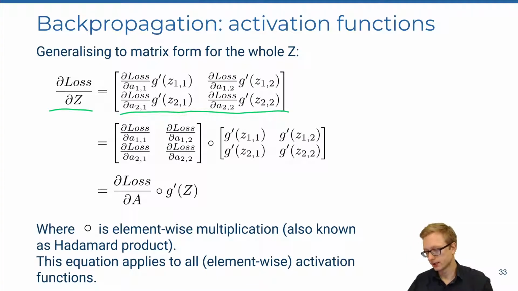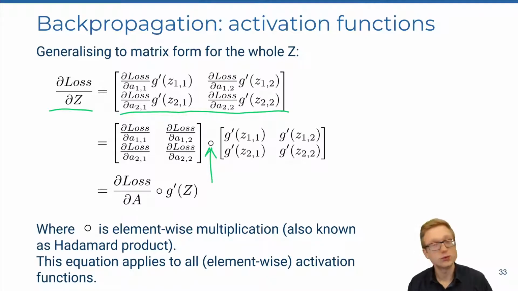If we look at this matrix, then we can see that we can actually break it down into two separate matrices again, as before. However, importantly, this operation here is no longer a dot product. So in the case of activation functions, this is an element-wise multiplication. We apply an element-wise multiplication to these two matrices.